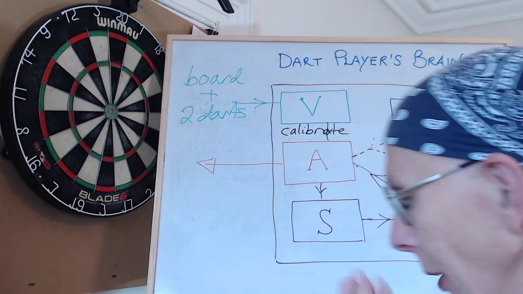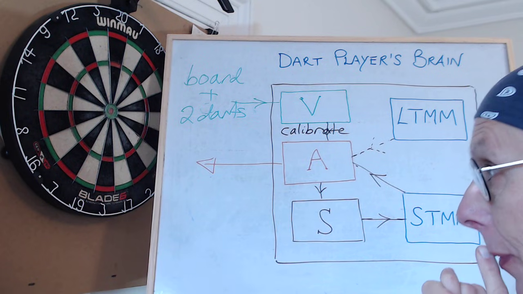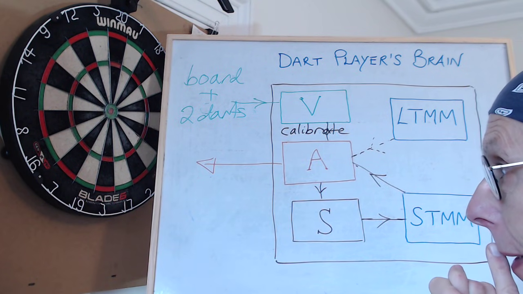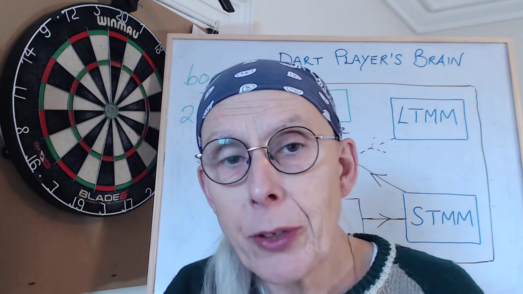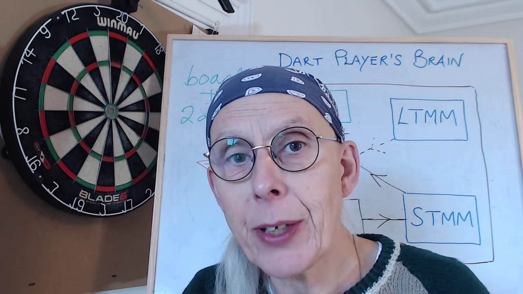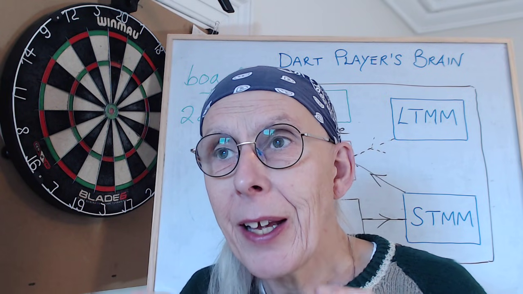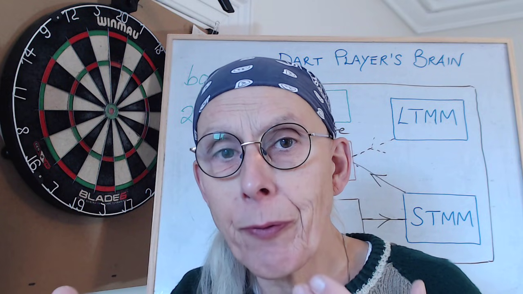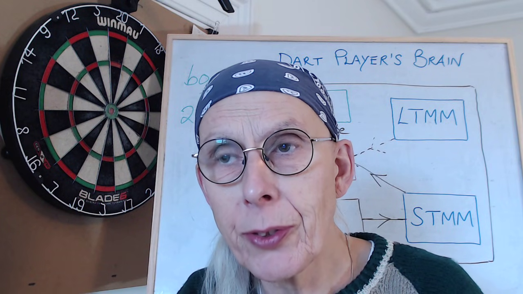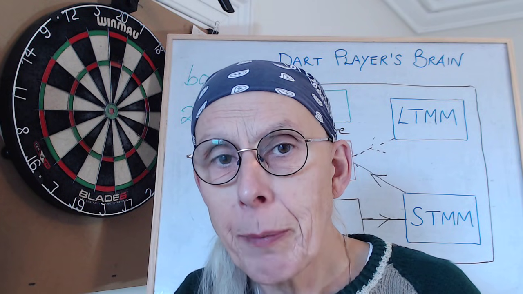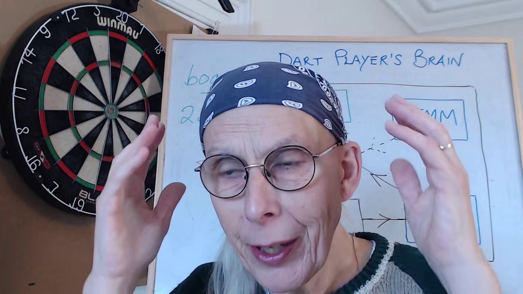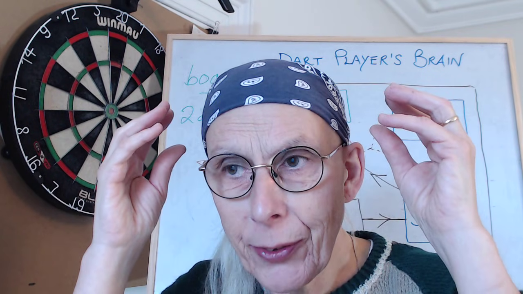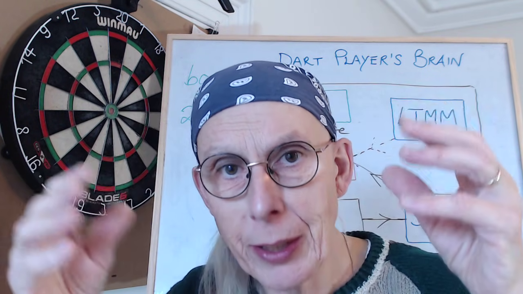So maybe, is there just one last thing I want to say about the third dart? What I would say about the third dart is what often happens is that if you start to get removed from the flow state, meaning that the consciousness starts to reintrude. Because you're very conscious, the consciousness is dominating on the first dart.